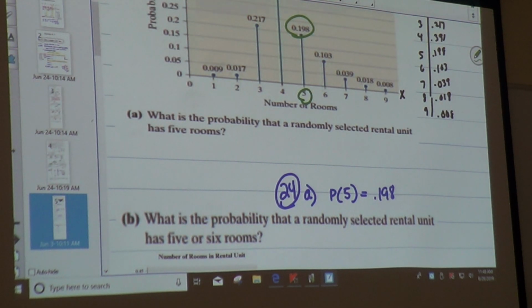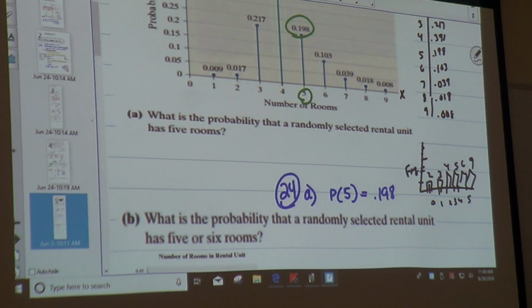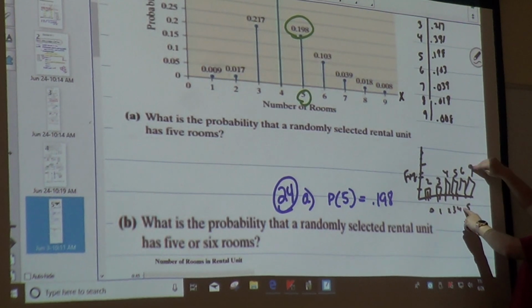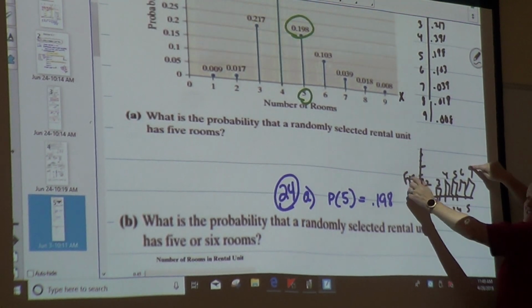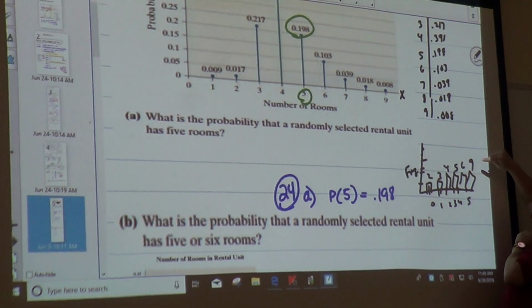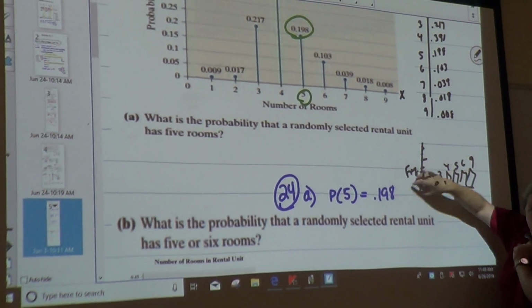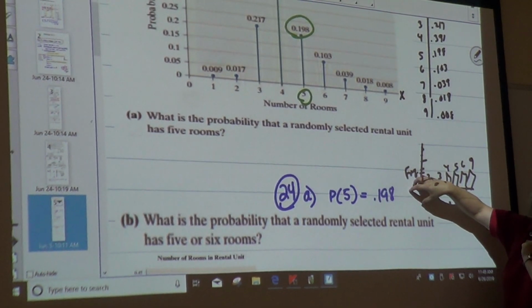Now, what got y'all on the test is if I gave you 0, 1, 2, 3, 4, 5, and then over here I did frequency, and I came up with bars and 2, 3, 4, 5, 6, 9, whatever. And if I would have said the probability of 5, y'all told me 9. This is frequency. So it would be 9 over the total. See the difference?